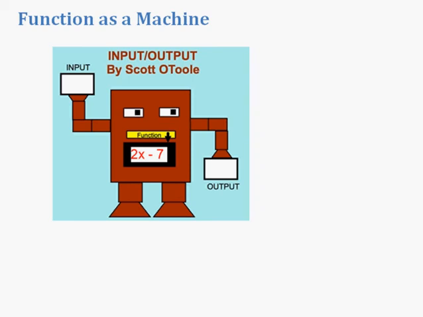So that's one example. This function machine takes whatever x value is put into it, multiplies it by 2 and subtracts 7, and then outputs whatever that is. So we can take a number, put in a 3.